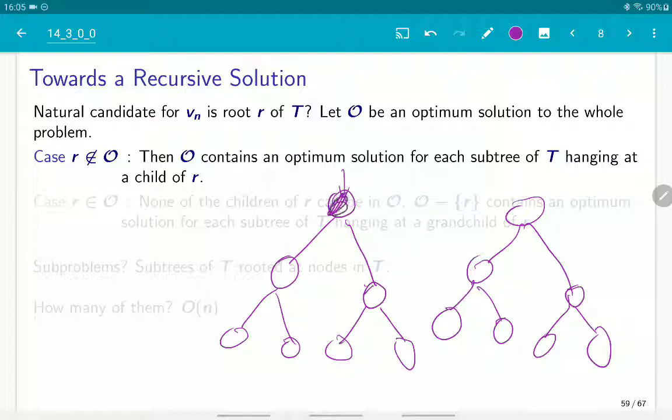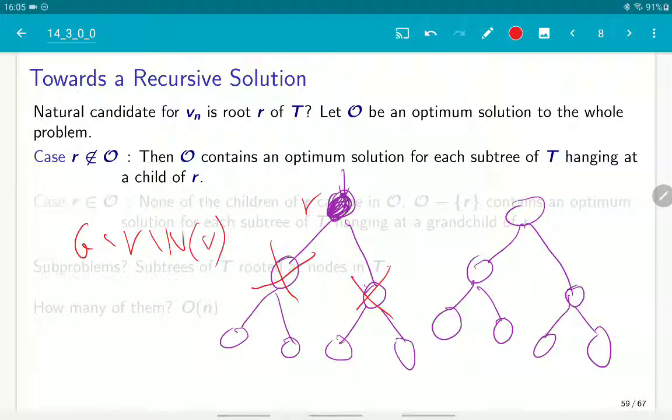So either we take it into the independent set, but then we have to give up on its neighbors, so we recursed on the graph minus V minus its neighbors. This is V. That was one option.